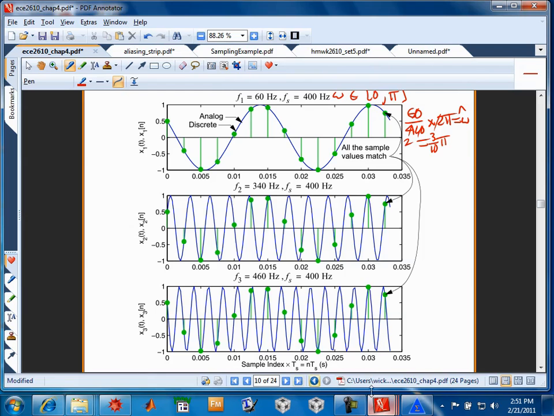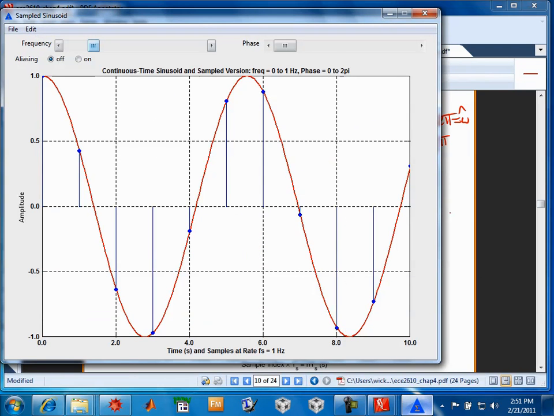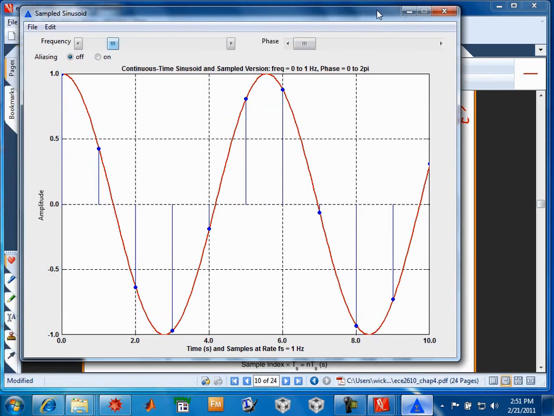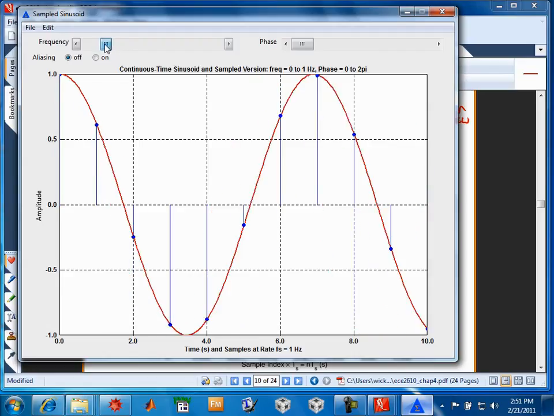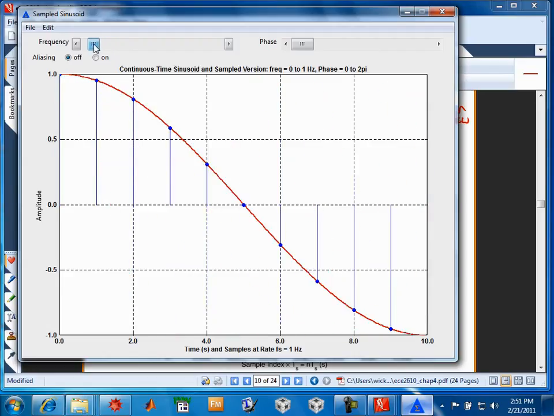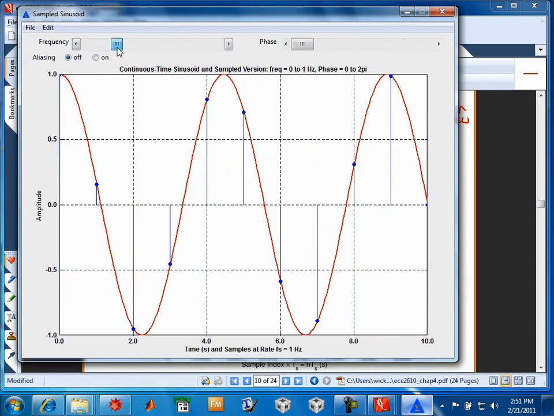So let's just take another quickie view at a demo. I've got a little application that I wrote, not Mathematica or MATLAB, where I can keep the sampling rate at 1 sample per second, and I can vary the frequency of the sinusoid. If I'm at a really low frequency, I get multiple samples per cycle.